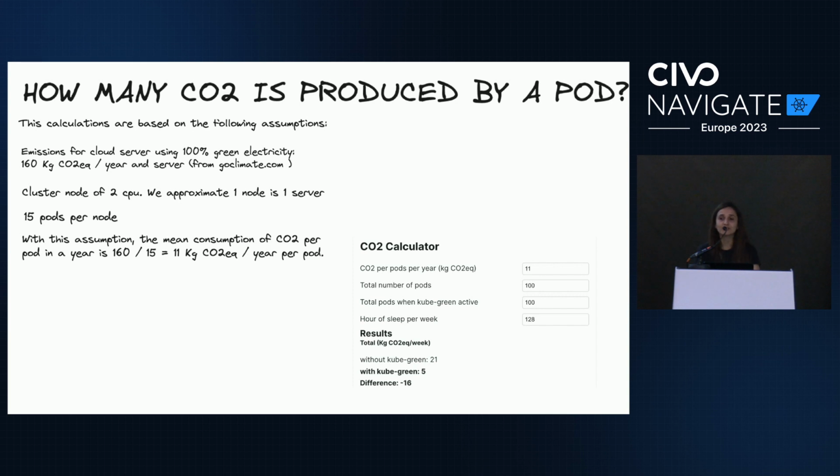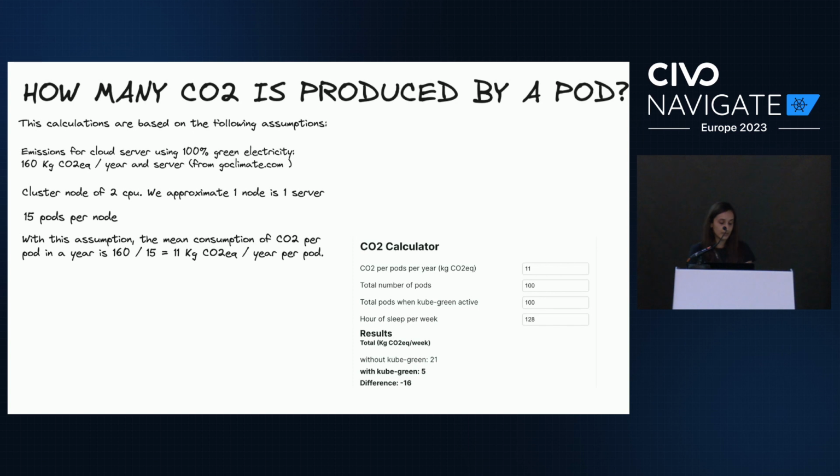This is a small illustration I have taken from the Kube Green site. This data has been taken from a paper on goclimate.com, and these are a few of the assumptions taken from GoClimate: a cluster node of 2 CPU, and approximately 1 node is 1 server.